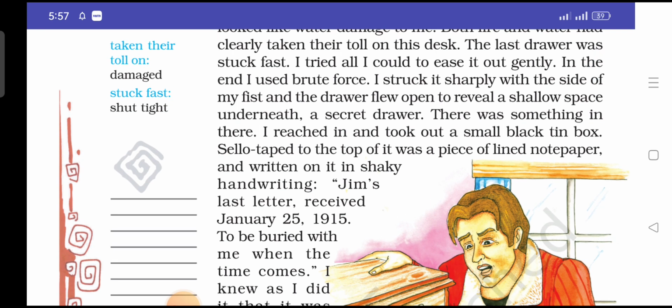Yes. Now see, brute force I have already told you. I struck it sharply with the side of my fist, and the drawer flew open to reveal a shallow space underneath.